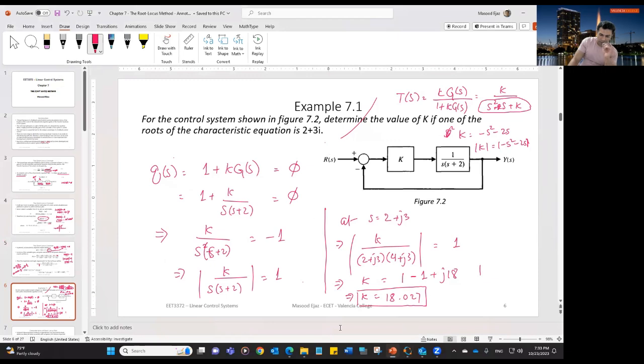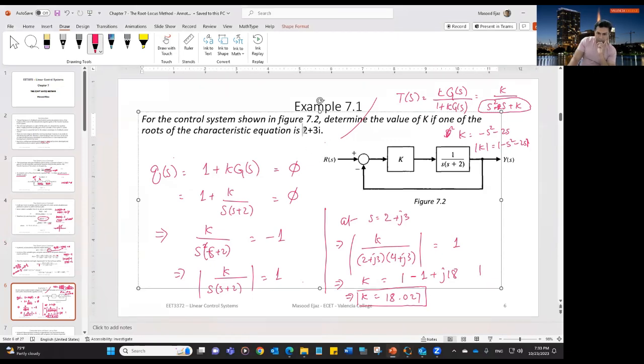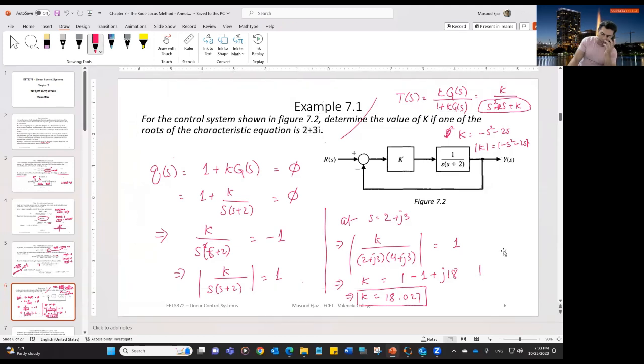In this case I might not have taken a value that is part of the root locus, and that's why it's showing me a root that is not the complex conjugate. That's my mistake, but this is the way to calculate it.